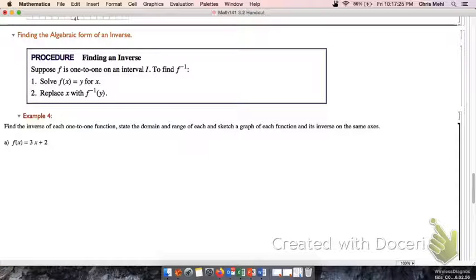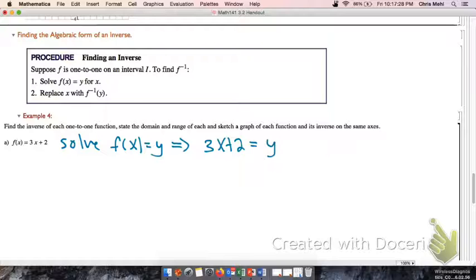So down here we're going to solve f of x equals y, which is the equation. So 3x plus 2 is f of x. So basically you're setting your function equal to y and then solving for x.